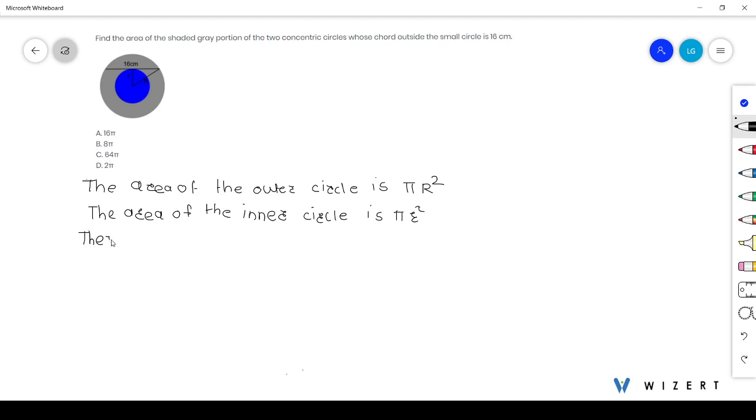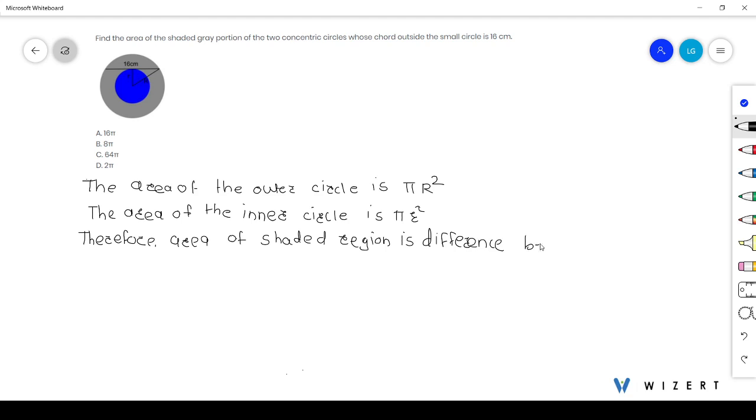Therefore, area of shaded region is given by the difference between the area of the outer circle and the area of the inner circle.